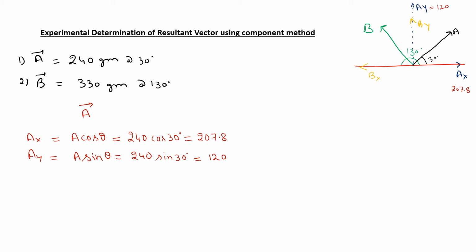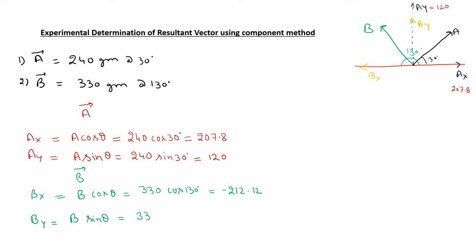Now for our second vector B, again we need to find the components. B of x is going to be B cosine theta, and that is 330 cosine of 130 degrees. When we calculate this, the number comes out to be negative 212.12. And the B of y component is B sine theta.